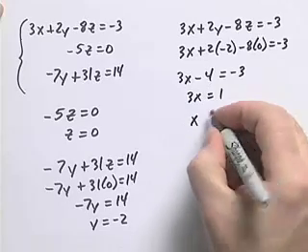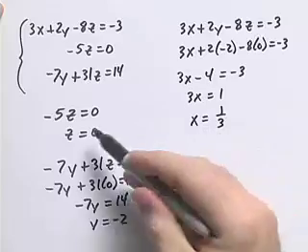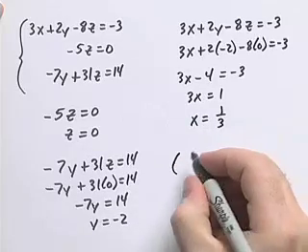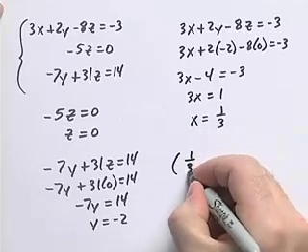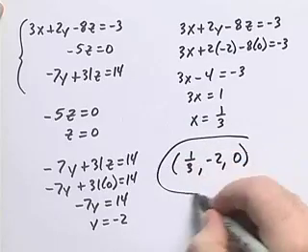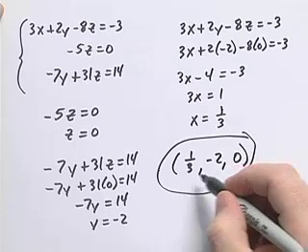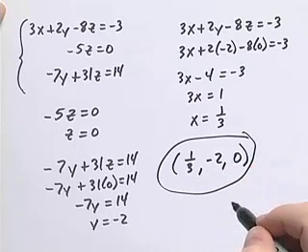And divide by 3 to get x is equal to 1/3. So we now know the values for x, y, and z. So our ordered triple solution is 1/3, -2, 0. Again, you should go back and check the solution in the original system of equations to make sure that it satisfies all three of the equations.